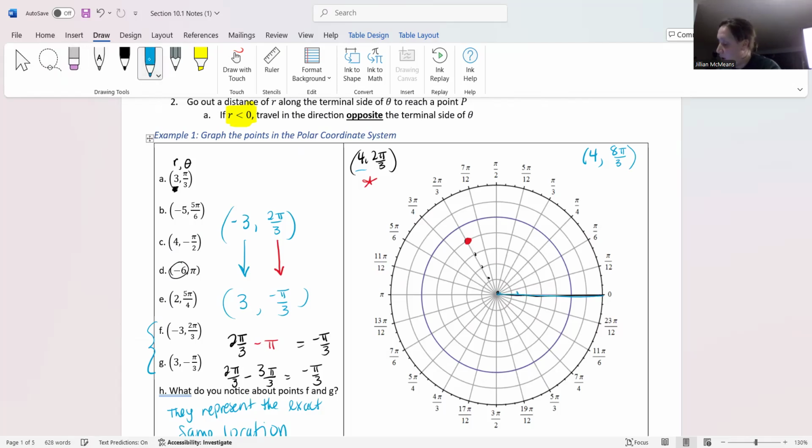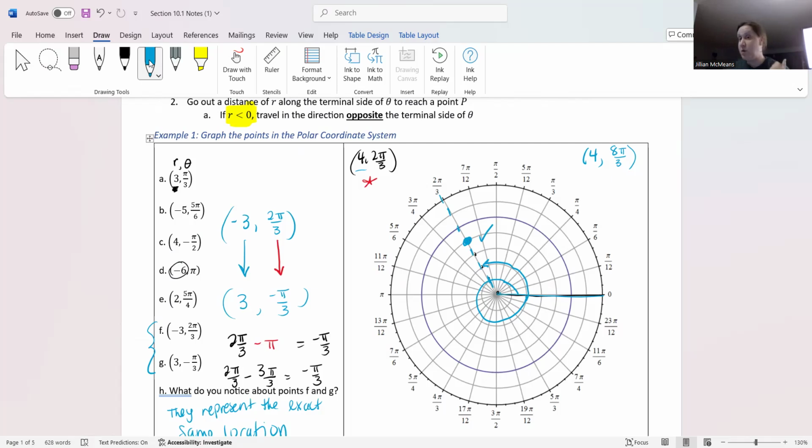We open, and we know that if we're dealing with pi over 3, we get to 6 pi over 3. All right, this is going to be 7 pi over 3. This is going to be 8 pi over 3. This is our terminal side. We want to measure 4 units from the pole to this terminal side, and bam, we end up at the exact same spot.